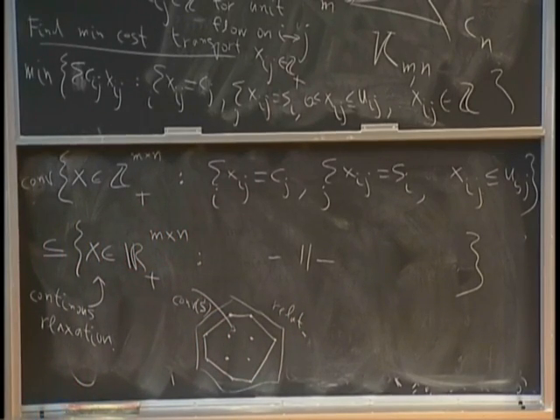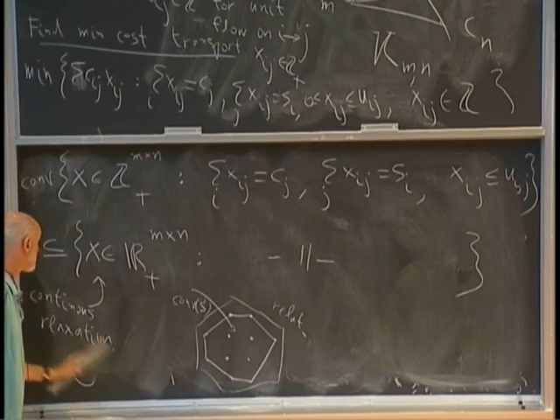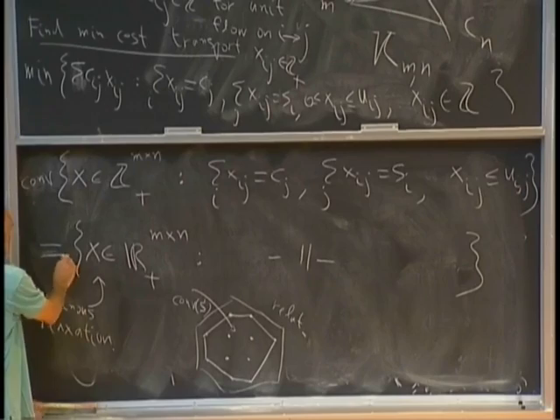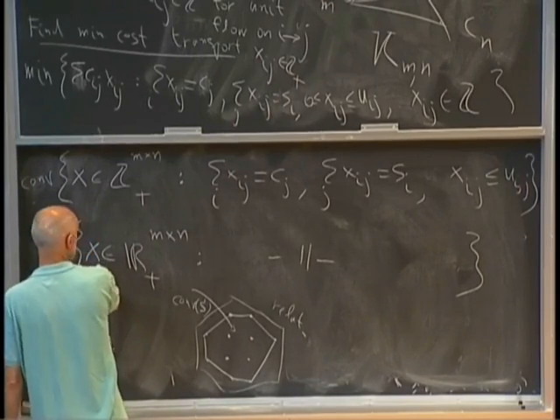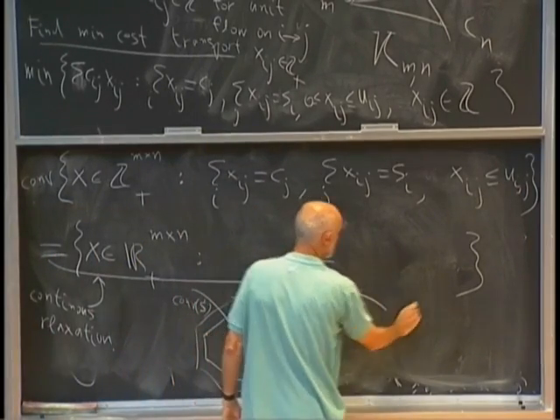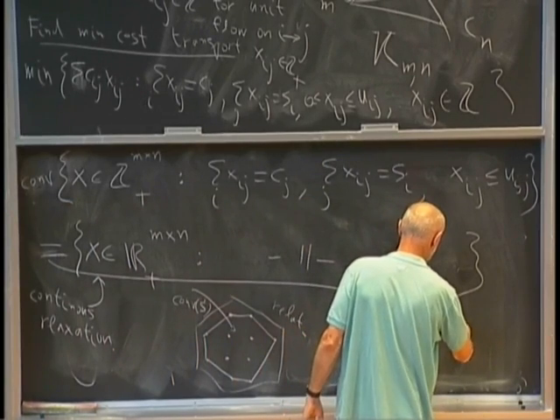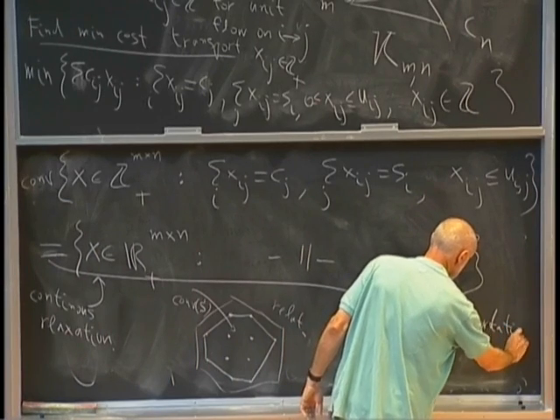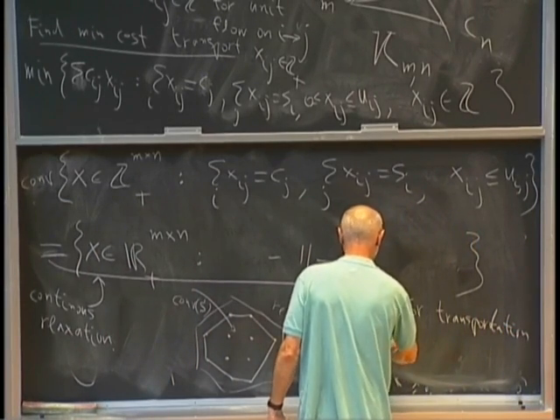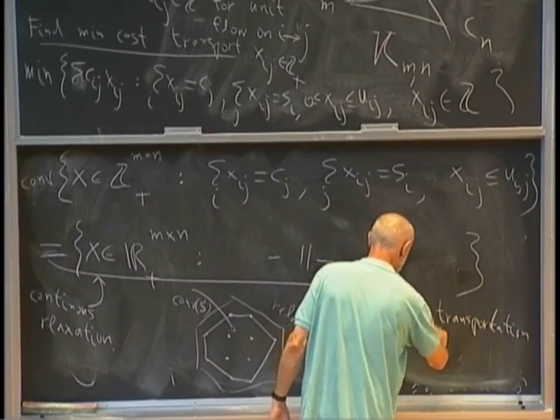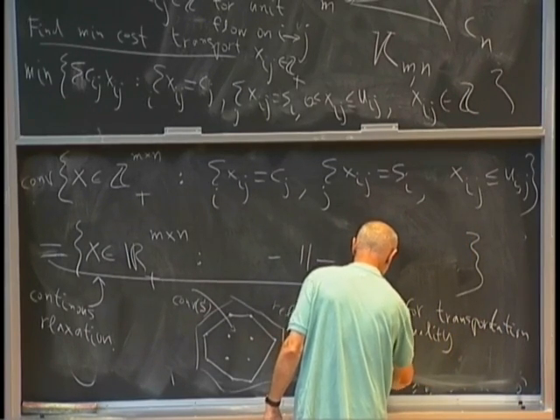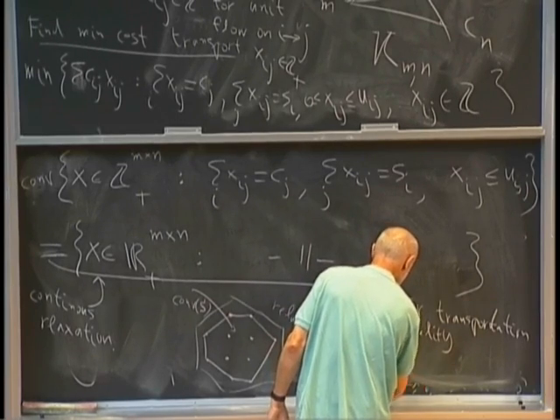Okay? But for the transportation problem, we have equality. So this is just for the transportation problem. We have equality, and this implies we can use linear programming, continuous linear programming.